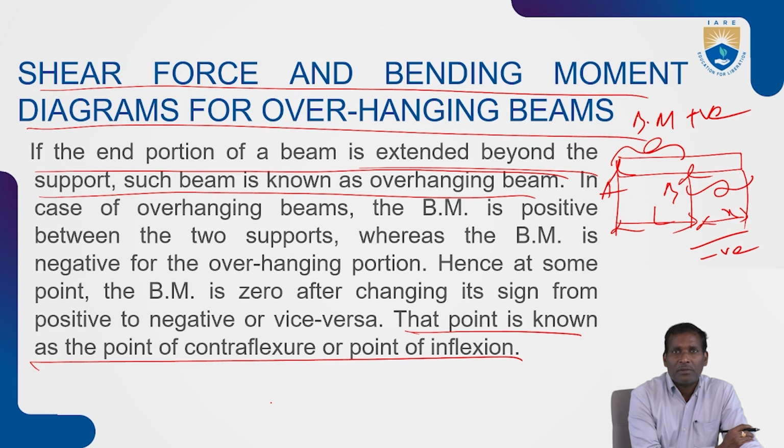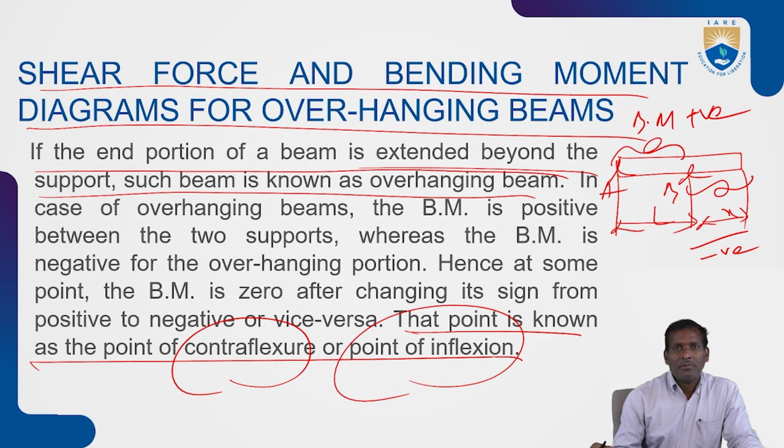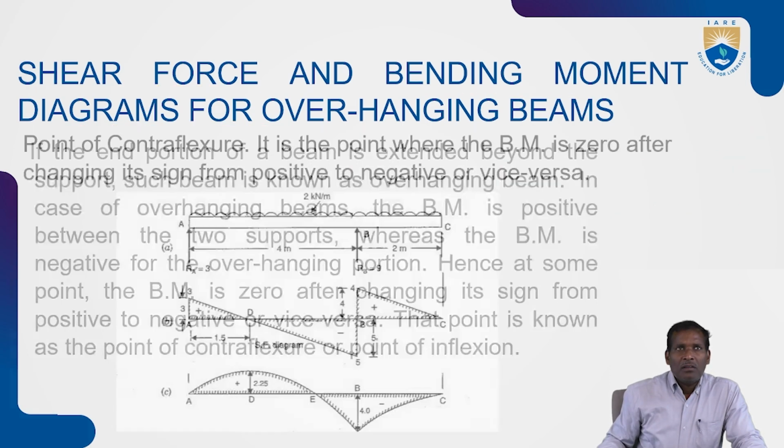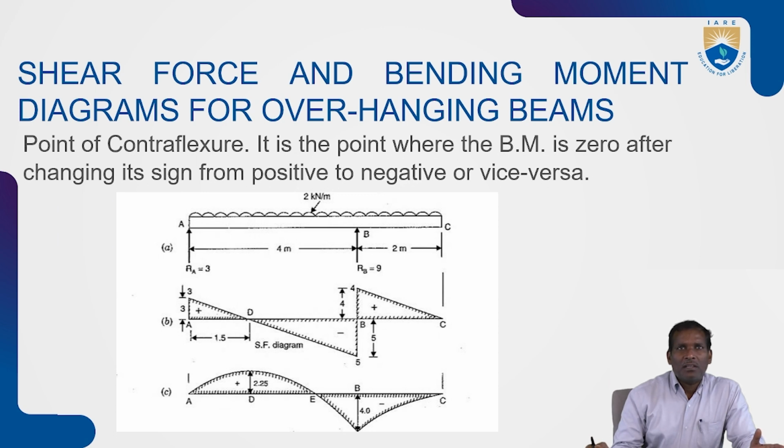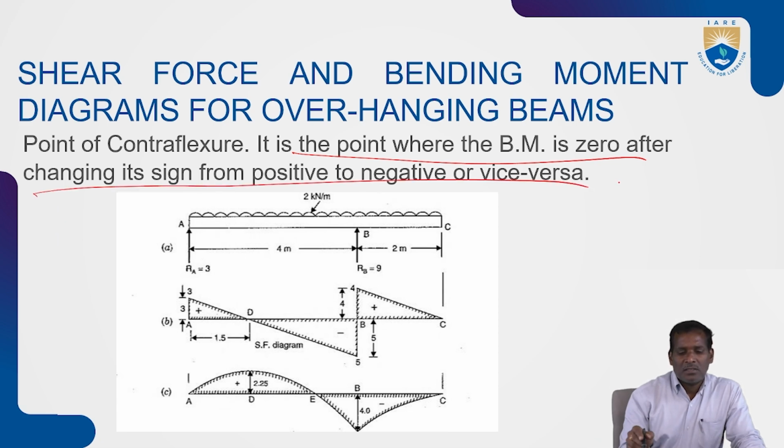The point of contraflexure or point of inflection is the particular point where the bending moment is zero after changing its sign from positive to negative or vice versa.